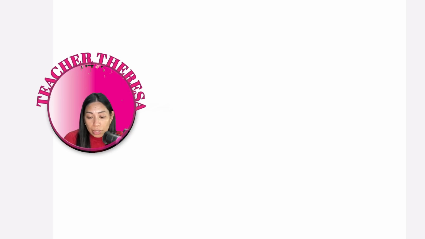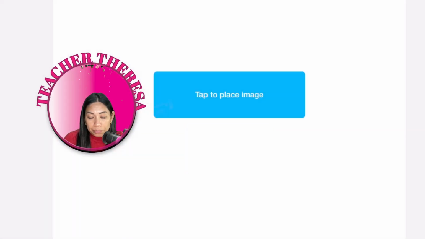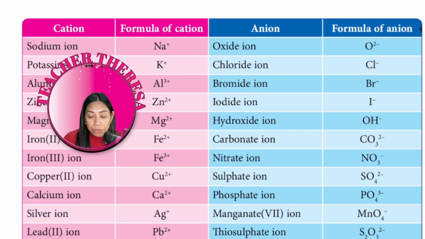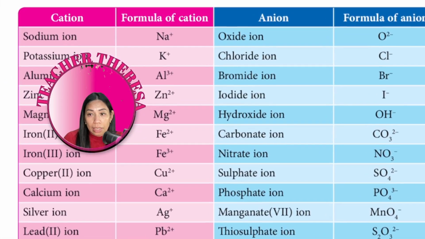So now let's look at how to write the formula. If you already know the rule, let me just repeat it. The rule is polyatomic ions need to be in brackets when the subscript number is more than 2.